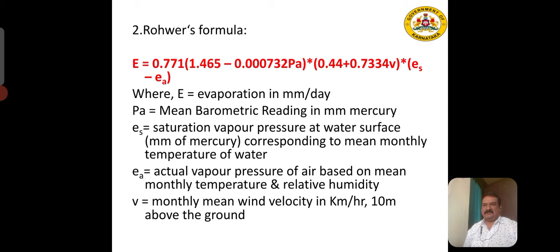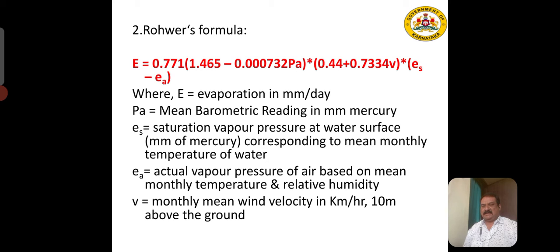You can see in the formula E is equal to 0.771 (1.465 minus 0.000732 PA) into (0.44 plus 0.7334 V) into (ES minus EA). As usual, E is evaporation in mm per day. PA is mean barometric reading in mm mercury.